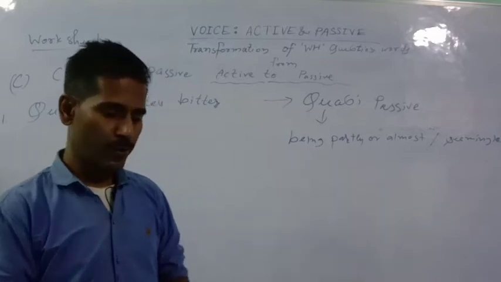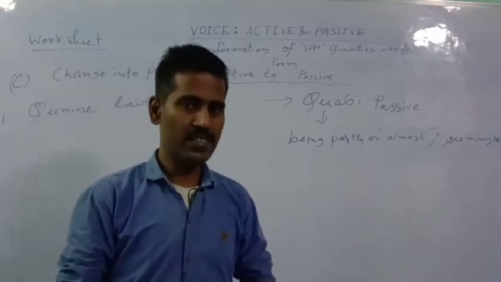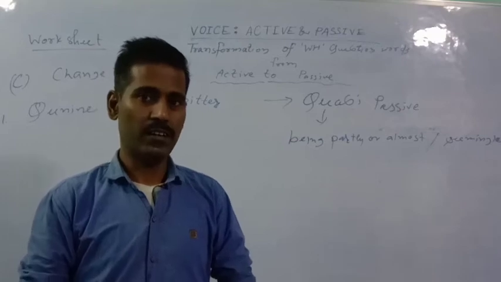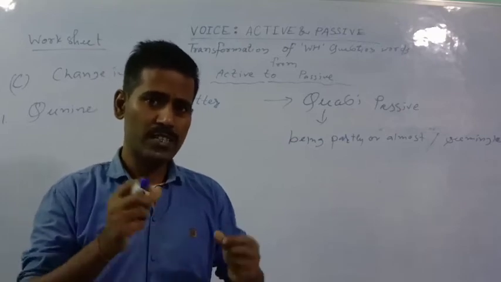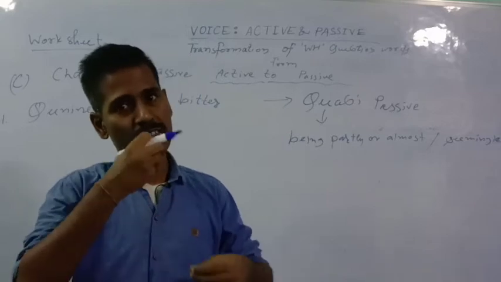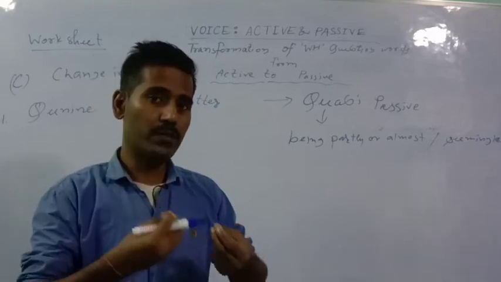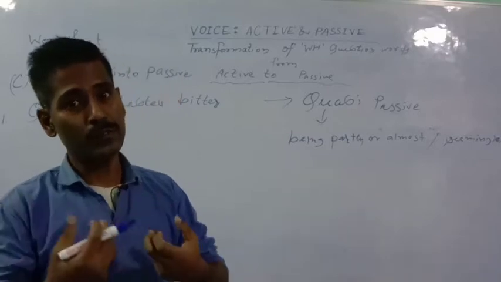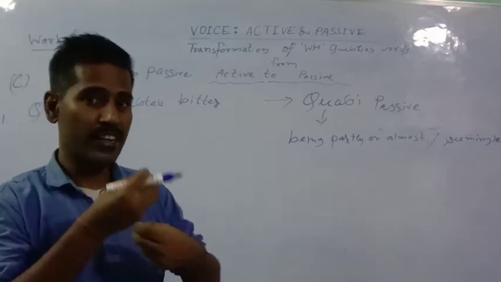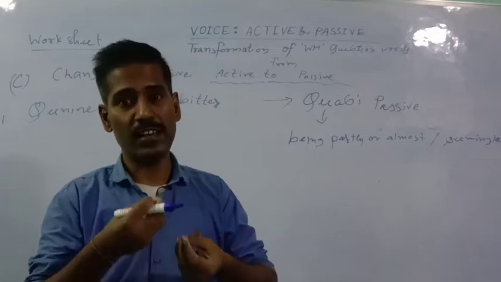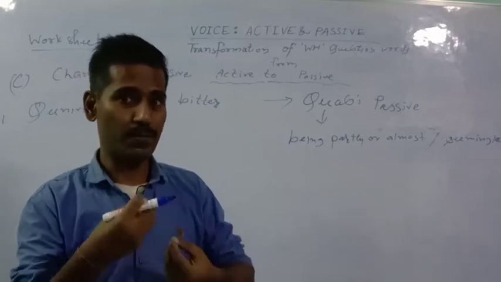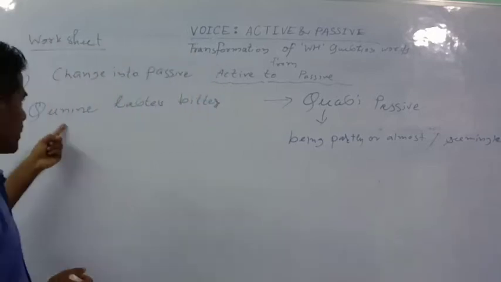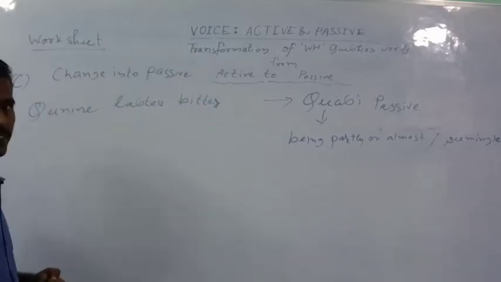Okay, see, quinine tastes bitter. When you say quinine tastes bitter, do you think quinine is the name of a medicine? How can the medicine taste itself? That means there is someone who tastes the quinine, who gets the taste and realizes that the taste is bitter. So the subject quinine is not the doer of the action.